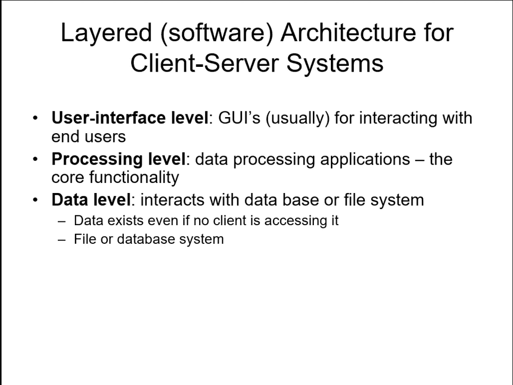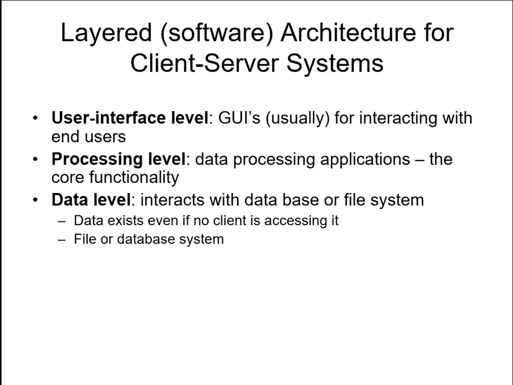Layer architecture for client server system. I already stated that client server systems work on a layer based approach. We have the user interface level, the GUI, through which the user interacts with the system. Then the processing level, which has the data processing applications and core functionalities, like when you implement your software in any programming language. That is the business processing level, where the core functionalities are implemented and installed, and which processes the user request coming through the interface.